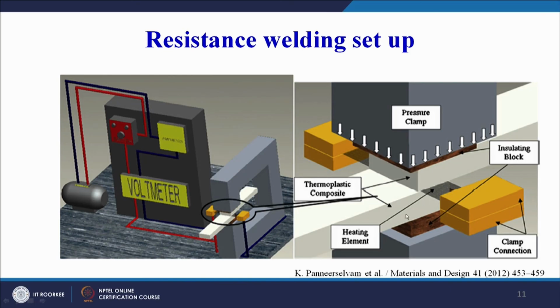This is the top adherent, this is the bottom adherent, and in between we have a conducting coil or heating element through which we pass the current and generate the heat due to the resistance effect, and therefore we will be able to selectively heat the joint overlap area.